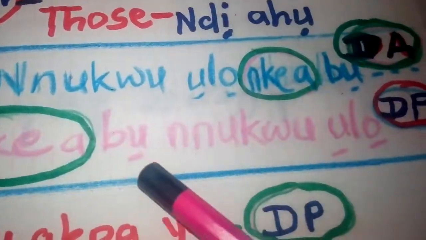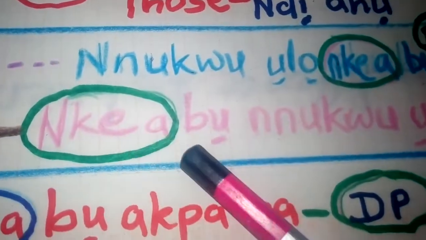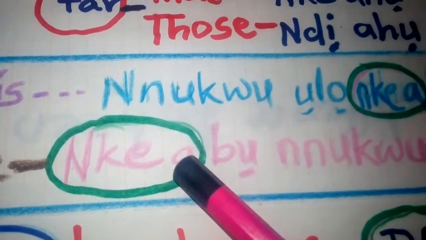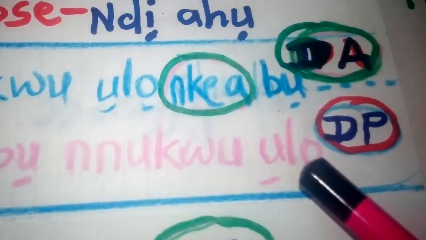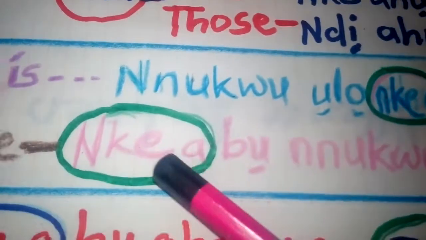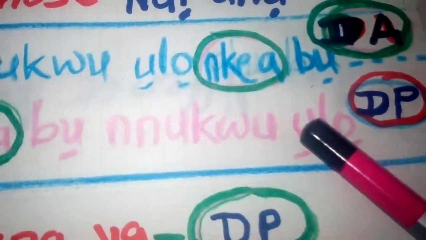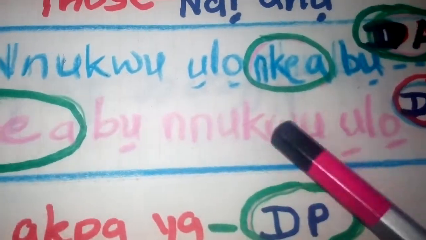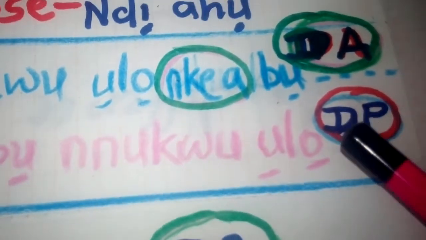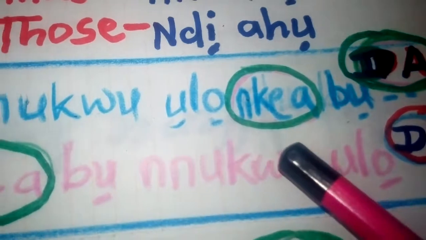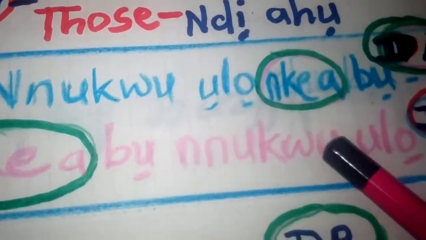While a demonstrative pronoun, in Igbo language, comes or is placed before the noun. The noun comes last. So that is a demonstrative pronoun. This is the two different things.